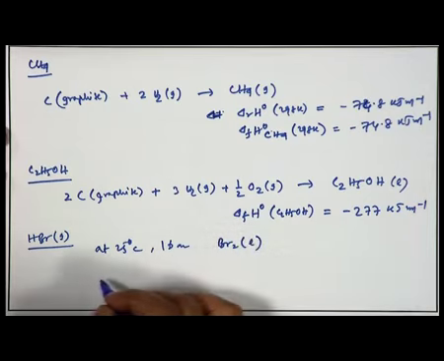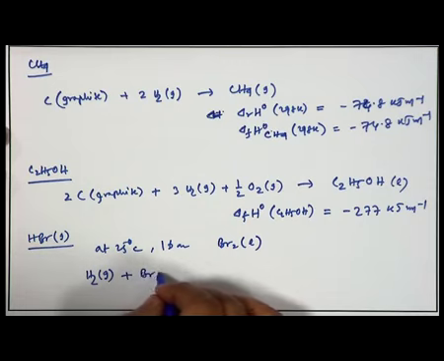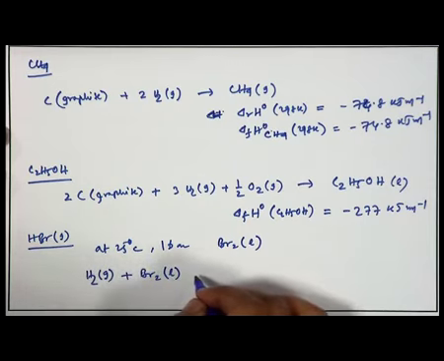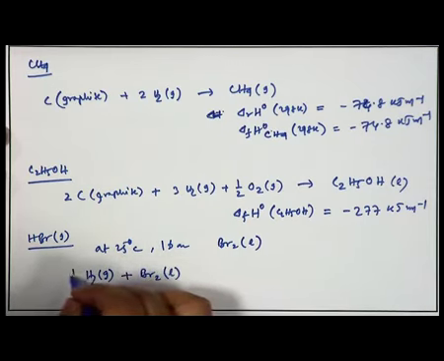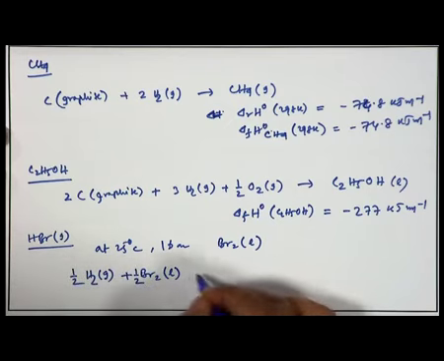So, for heat of formation we can write this reaction. So, it will be half H2 plus half Br2 giving HBr.